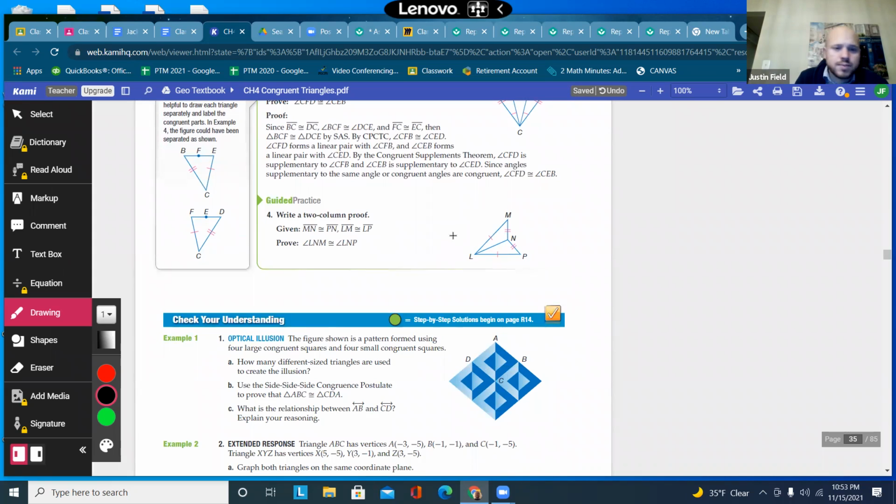Now let's just, oh, we gotta do it. Okay. So this one, we're not proving that the triangles are congruent as a last step. There's one more step after it. So let me show you. MN and PN is given.